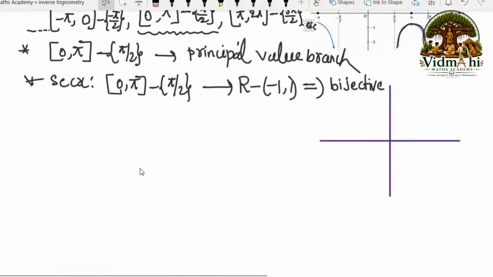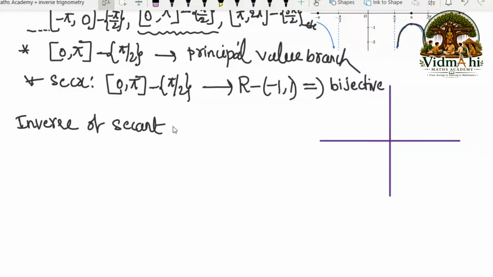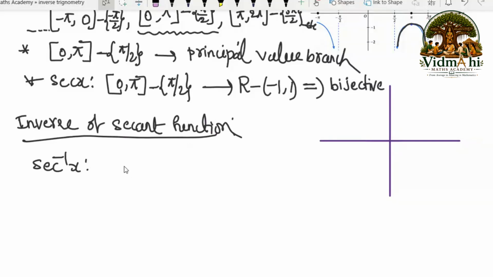So now the inverse of the secant function. The inverse of the secant function is represented as secant inverse x.